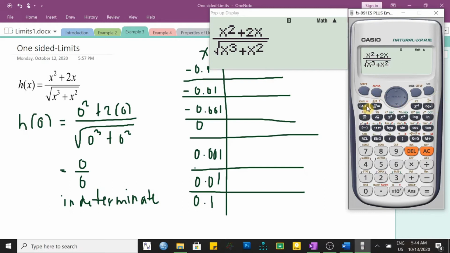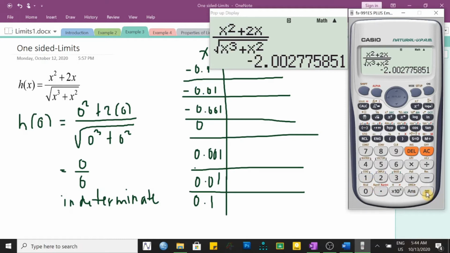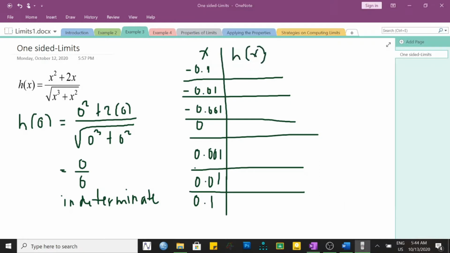Let us use the calc function to evaluate. Let's start with negative 0.1. Negative 0.1. So calculate that. The answer is negative 2.0028. Let us approximate again. Let me encode it this time to make it easier.